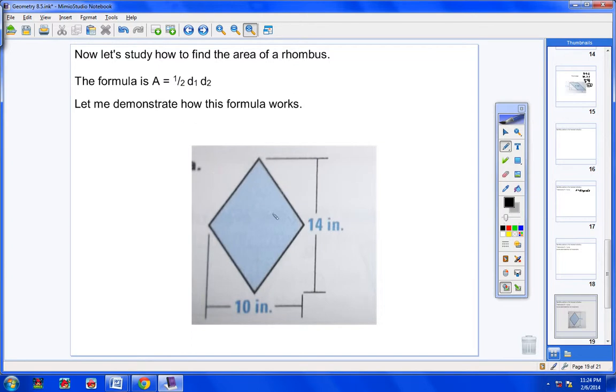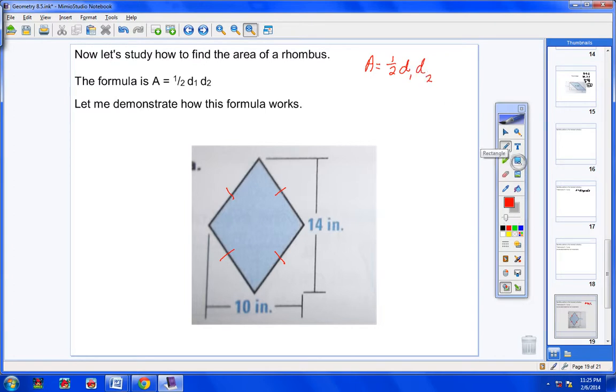Okay. I'm going to go ahead and put marks here. I should have done this already. Here, here, and here. Now we know we have a rhombus, because the definition of a rhombus is a four-sided polygon with all four sides congruent. Okay, and so there's my rhombus. Now, in order for us to find the area of this rhombus, we need two things. 1/2 times we need to know the length of one diagonal, and we need to know the length of the other diagonal.